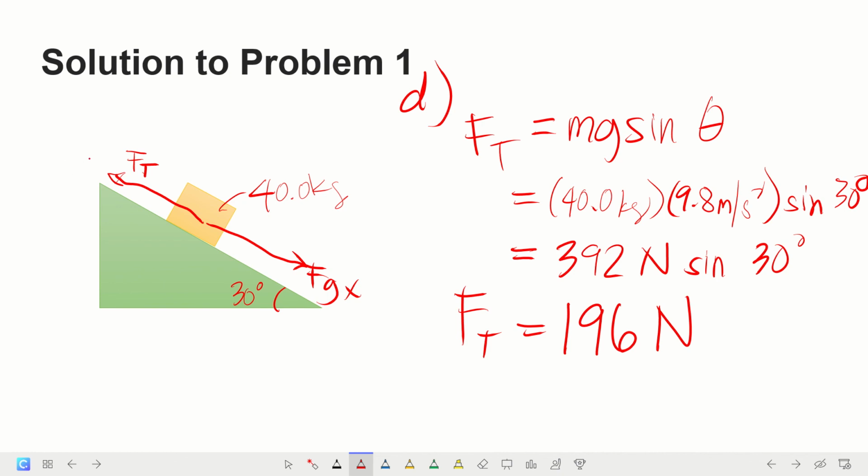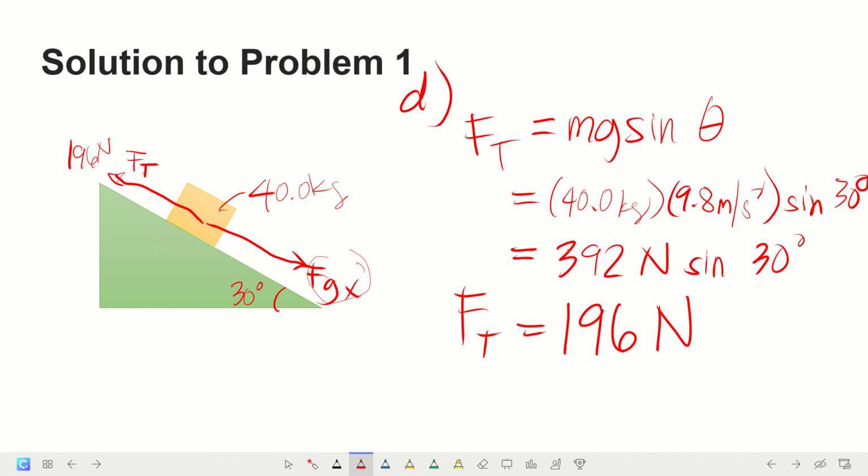You need to exert here 196 newtons in order to prevent this from sliding. Since the tension force has the same value as the parallel force, they would cancel each other out. Therefore, yun na yung force preventing this object from sliding down the plane.